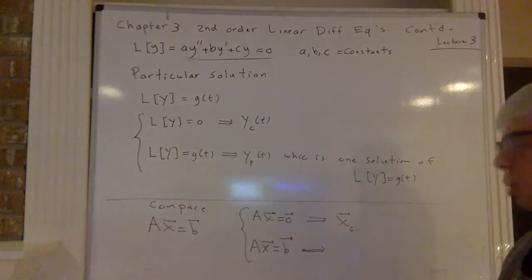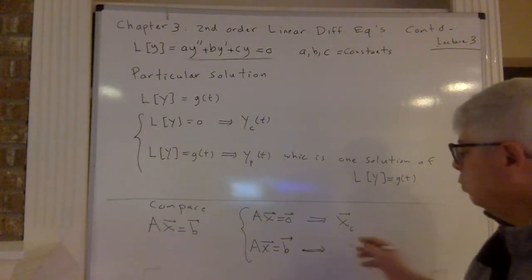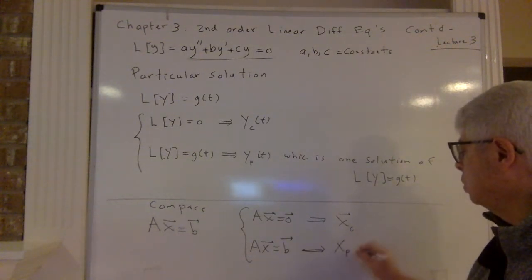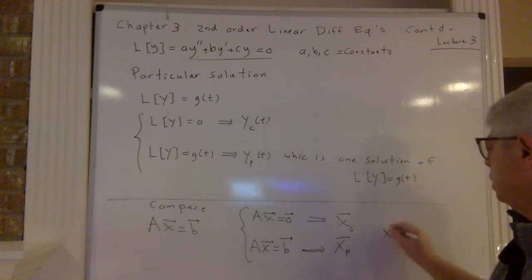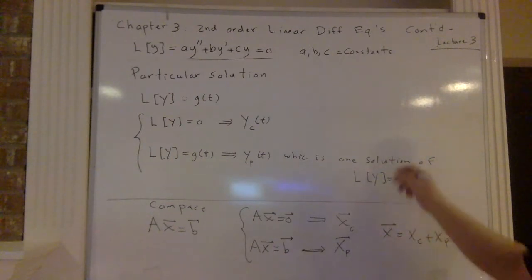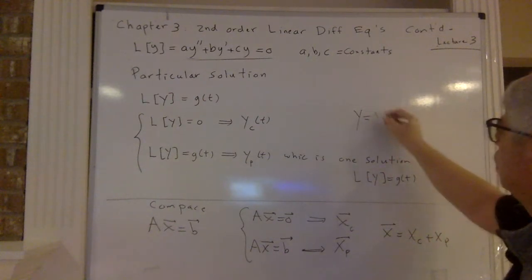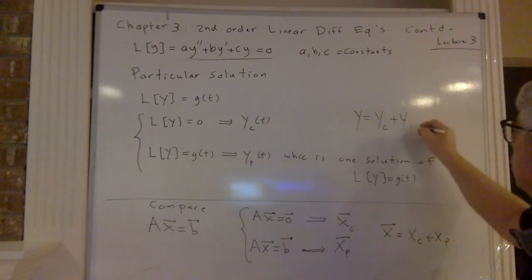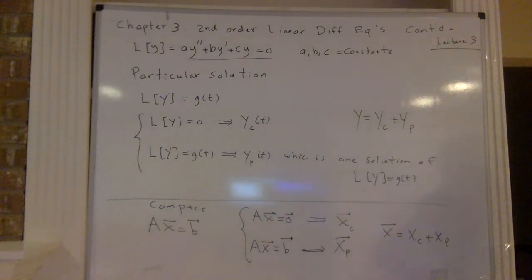Remember, we would just find one solution. And that one solution was the particular solution. And X in general was XC plus XP. Like here, Y will be YC plus YP. Okay, so it's basically the same problem, because remember that L is a linear function, in fact a linear operator.